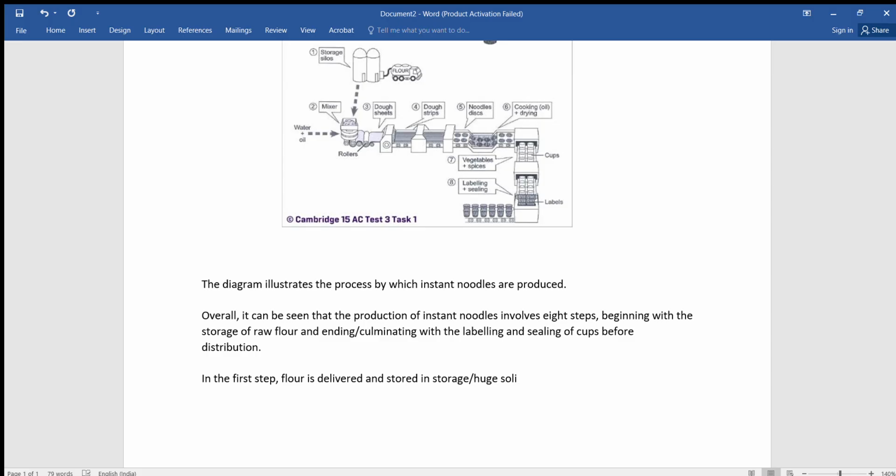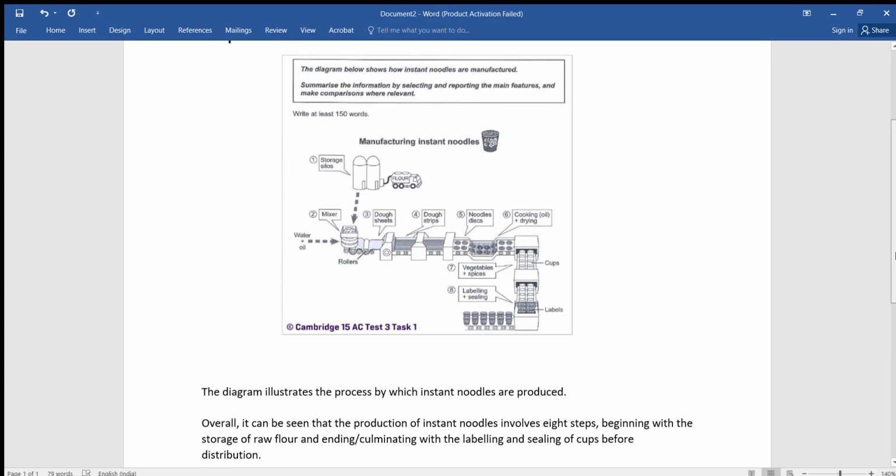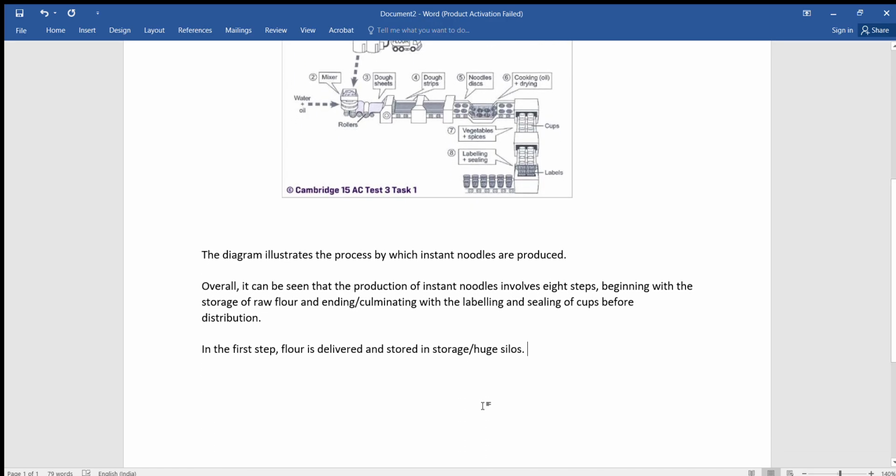I have already explained what it is. Okay, and what's the next step? In the first step, basically flour is being stored. Okay, and we can say that from there, see, we are using is plus the third form of the verb, meaning we are using passive sentences.